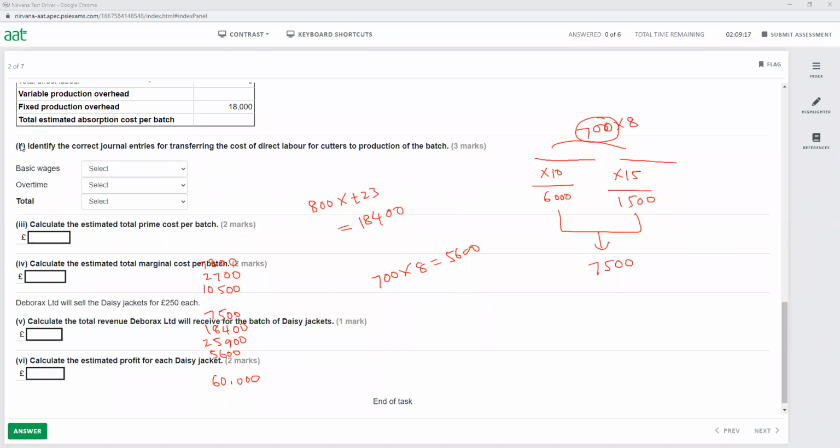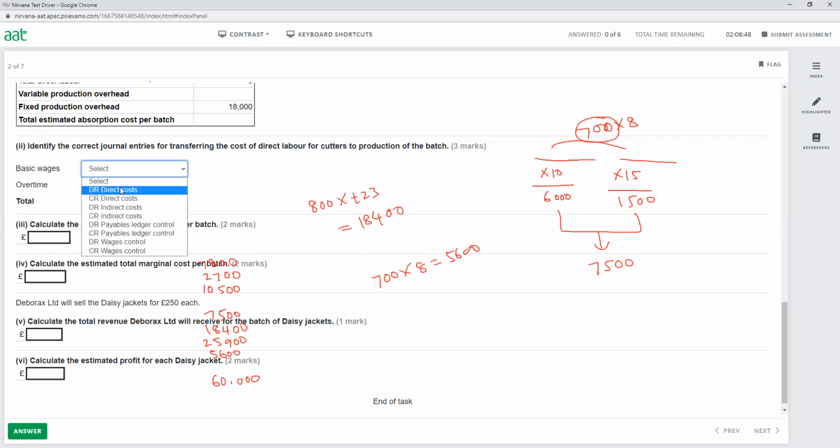The next question we have here: identify the correct journal entry for transferring the cost of direct labor for cutter to production for the batch. Remember that when you transfer the cost of direct labor or direct material to production, the direct labor will be our expense and it is a direct cost. So direct cost or expense will always be debit.